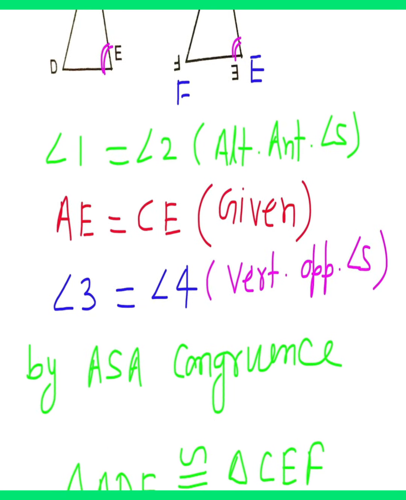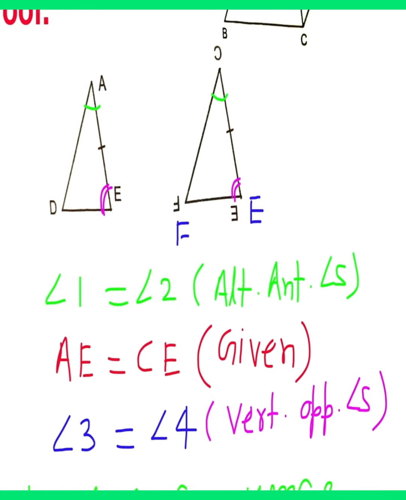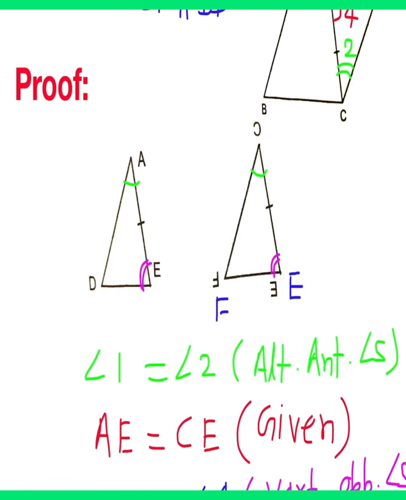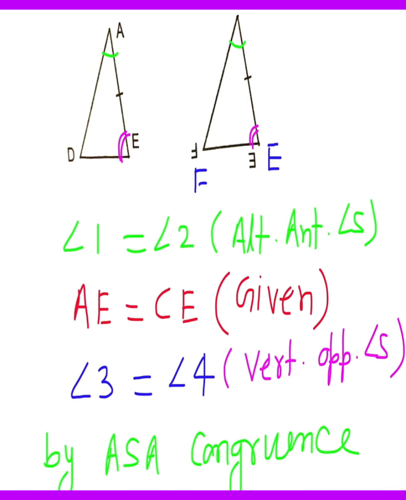Okay, you have to prove here that triangle ADE and these two triangles are congruent. So first of all you will write, ASA congruency you will use in these two triangles.